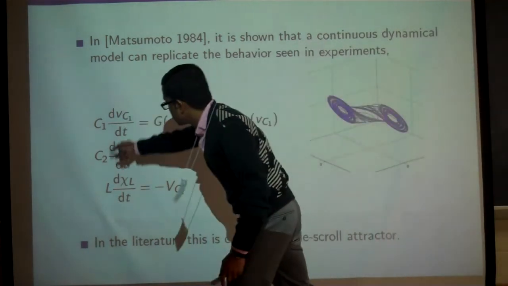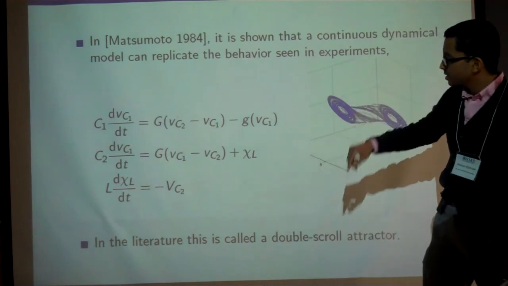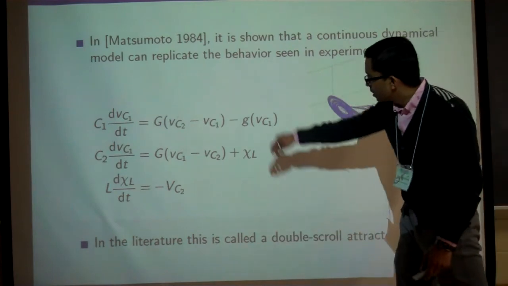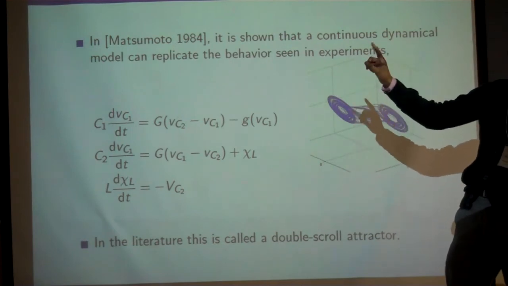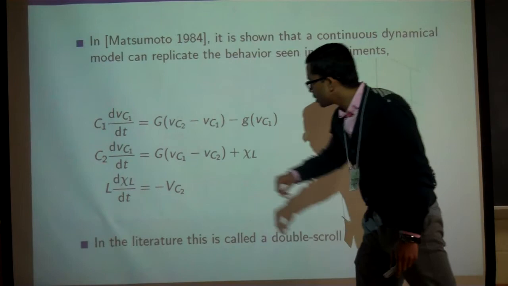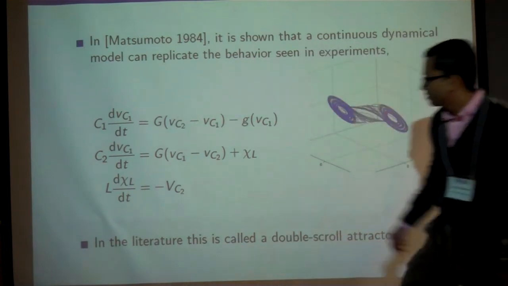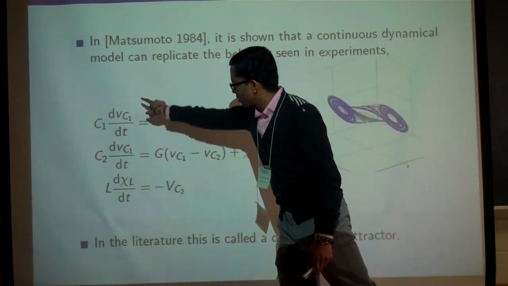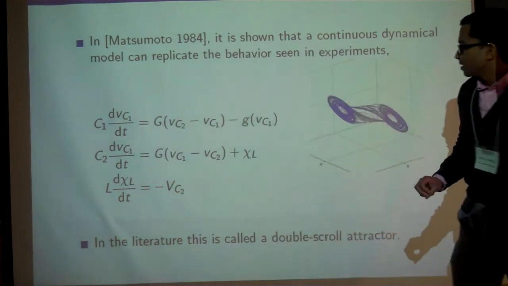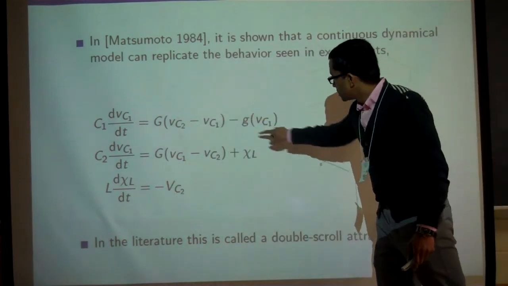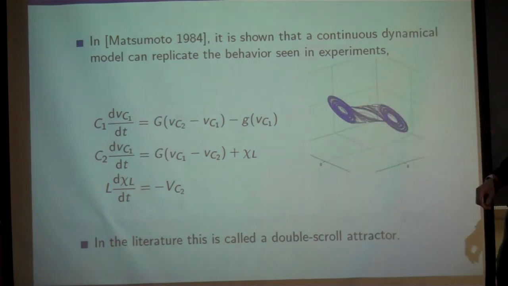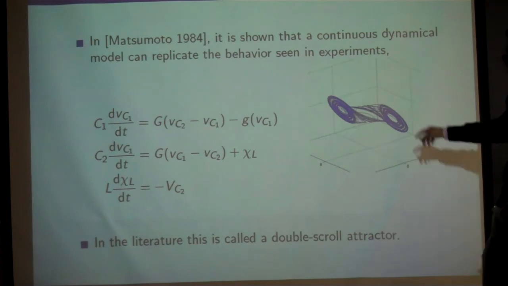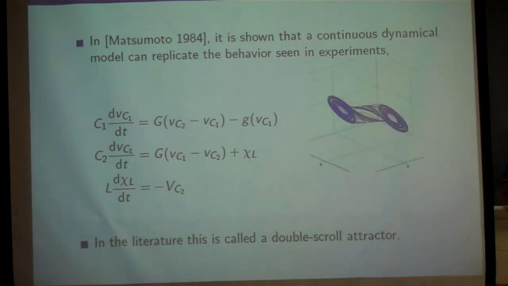Here C1 and C2 are just the capacitance, L is the inductance, G is the conductance of the regular resistor. The V's are the voltages, so these should all be uppercase V's, like that one. So that's a typo. And this is the effect that the nonlinear resistor has on the voltage. In the literature, they call this attractor a double scroll attractor.